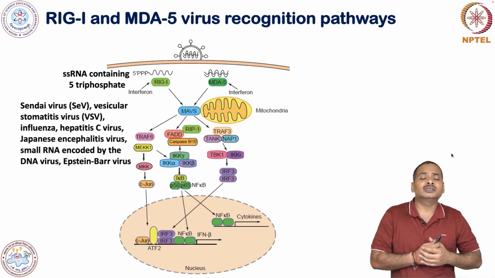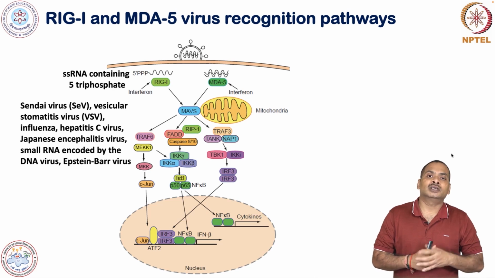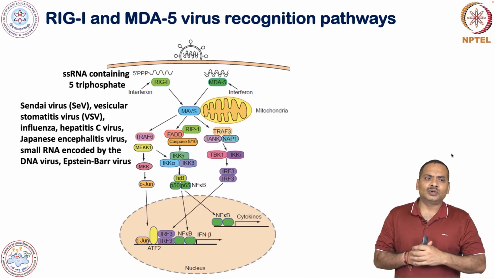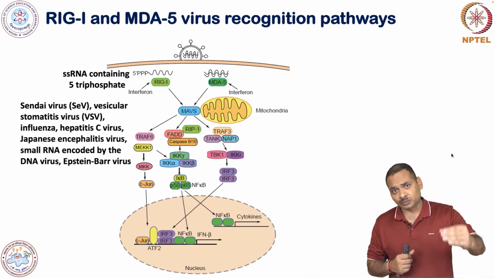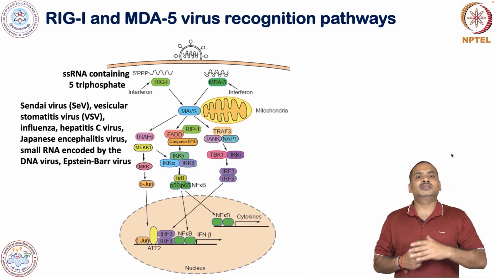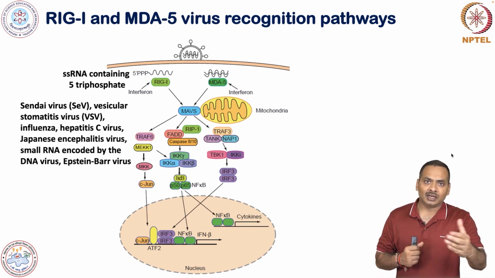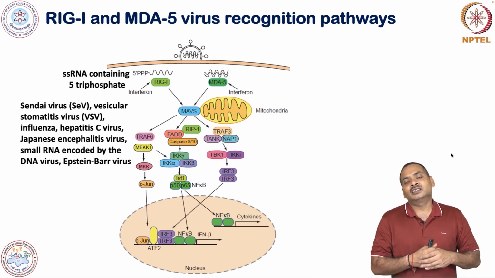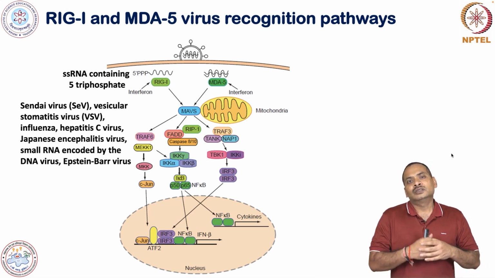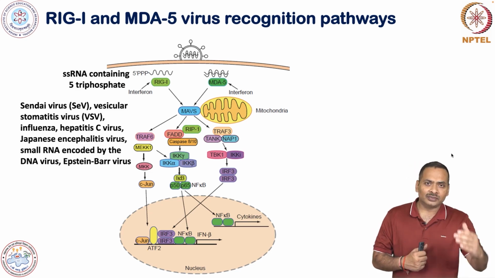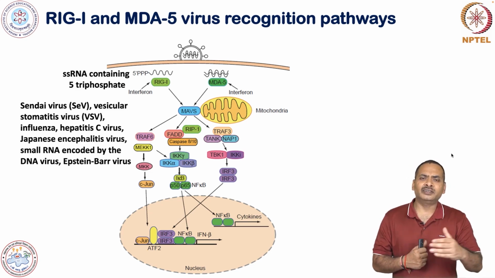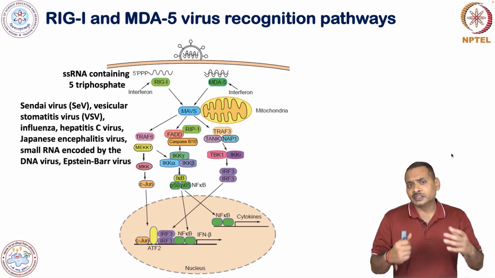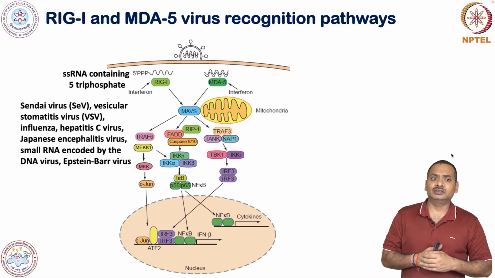So, Epstein-Barr virus is basically a DNA virus, and during replication it makes small stretches of RNA, which can be sensed by RLR, meaning RIG-I. So, you can understand that the RLR pathways are important not only against RNA virus infection, but also in recognition of DNA viruses indirectly.